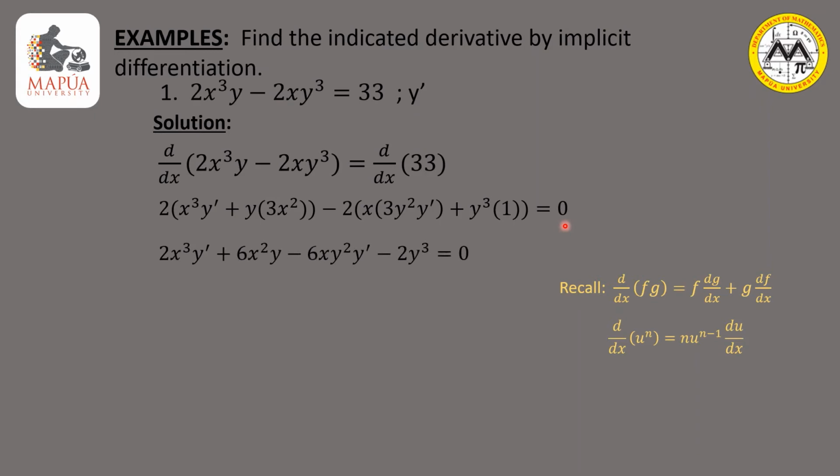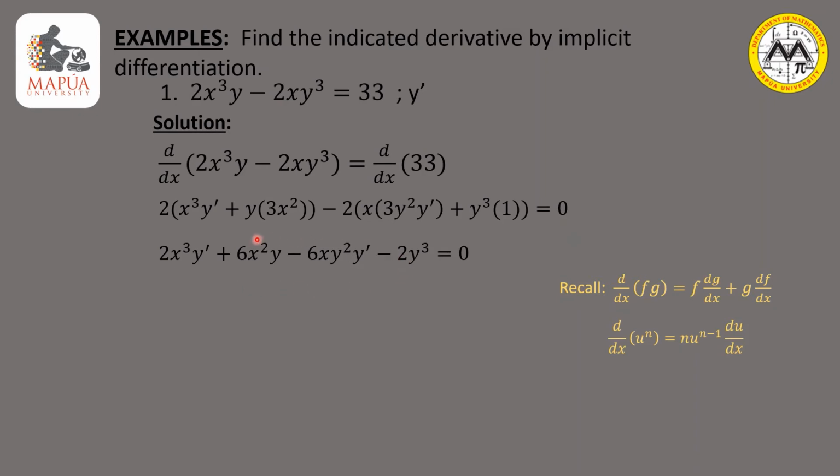So if we are now to multiply the factors as indicated, then we will just have 2x cubed y prime plus 6x squared y minus 6x y squared y prime minus 2y cubed is equal to 0.